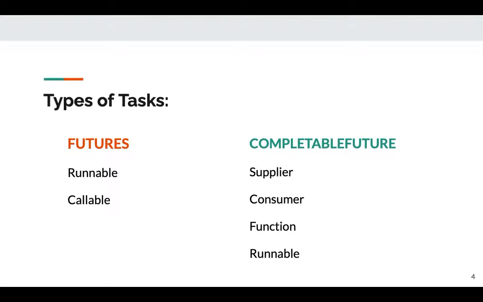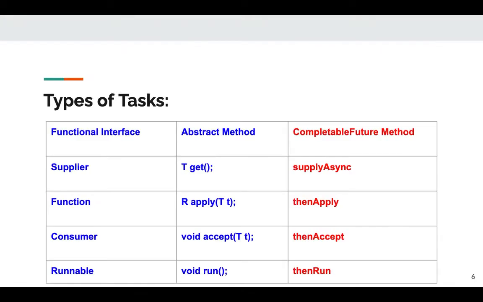So now, depending on the tasks at hand, we have to chain these pipeline tasks one after another, and of course use the executor service to allocate these tasks so that we get the desired outcome much faster. So now, as I mentioned, the supplier, function, consumer, and runnable are functional interfaces.